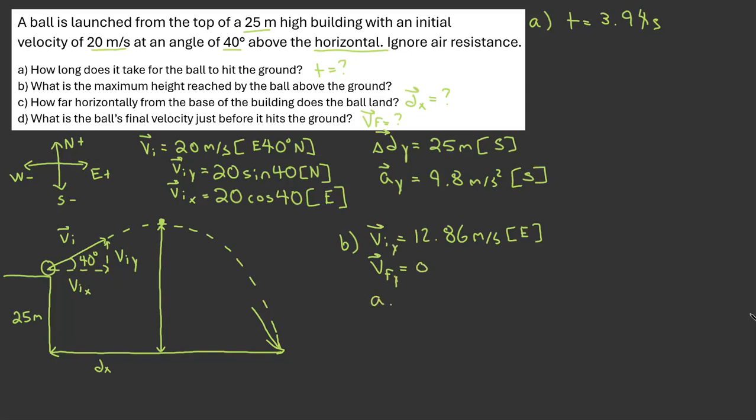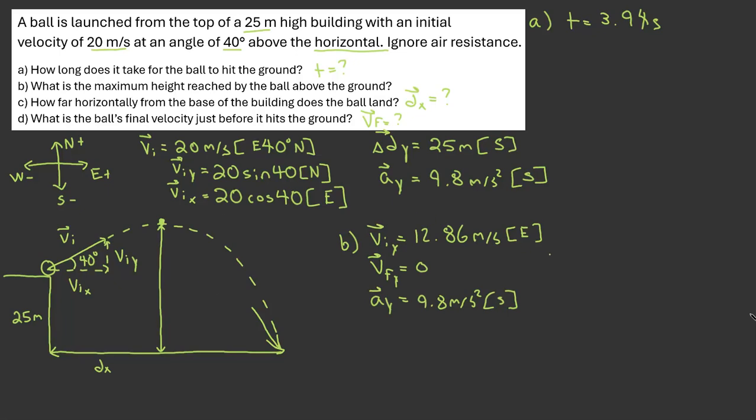I also know that the acceleration in the y is always going to be this. For part B, same thing, it's just going to be 9.8 meters per second squared. So I can now use another one of my big five kinematics equations to actually solve for this displacement. But there is a little bit of a trick involved, so follow along carefully.